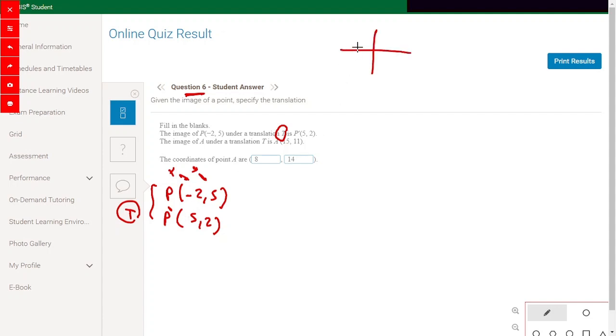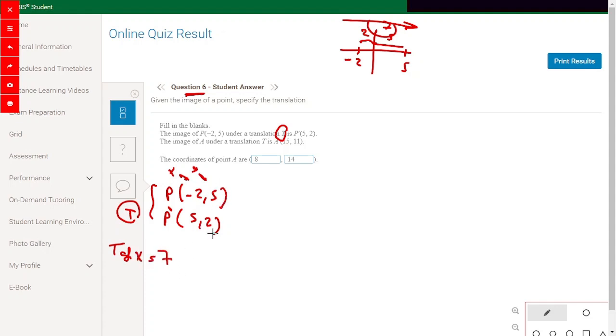So we'll create coordinates quickly. This -2 became 5. So how many units translated? From -2 to 0, this is 2 units, then 5. So that means 7 units have been translated to the right. There's the x. So the translation of x equals 7.